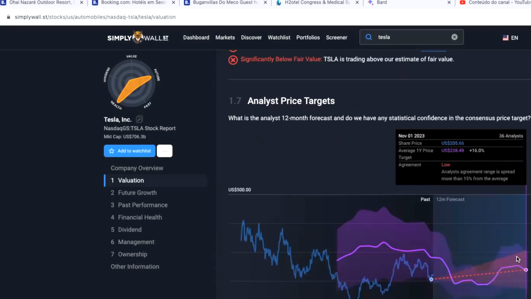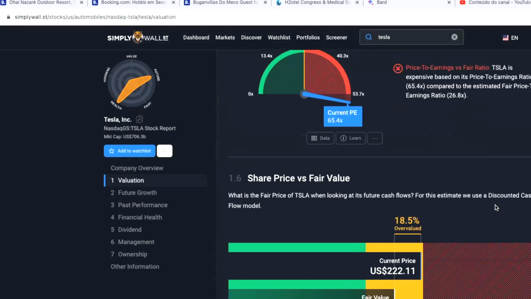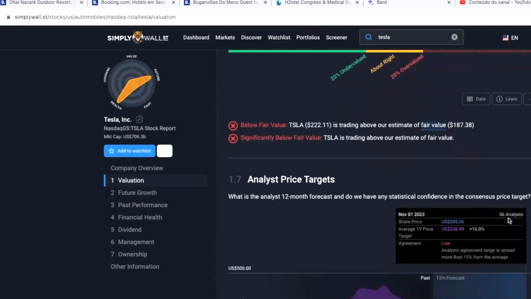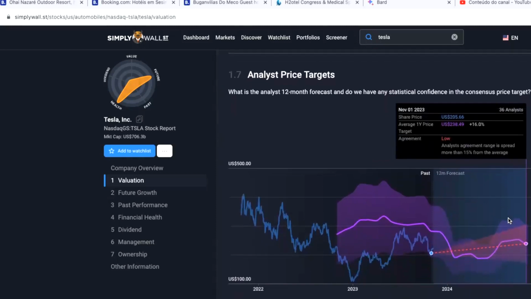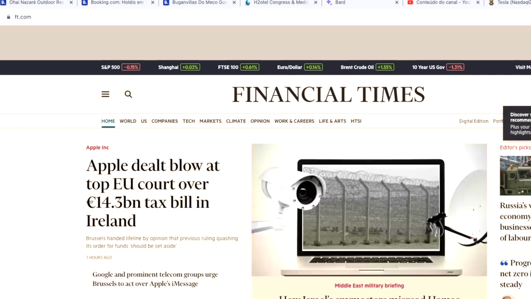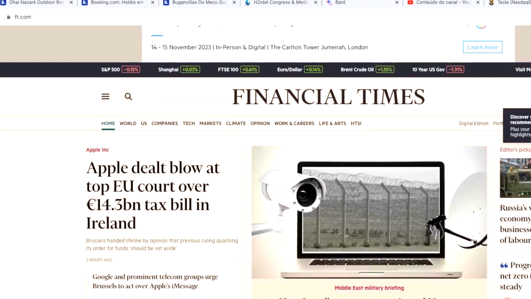Most of the models that analyze price targets are also based on a discounted cash flow model. So when you have target prices, most of the time you are looking at whether this company is overvalued or undervalued under a discounted cash flow model.